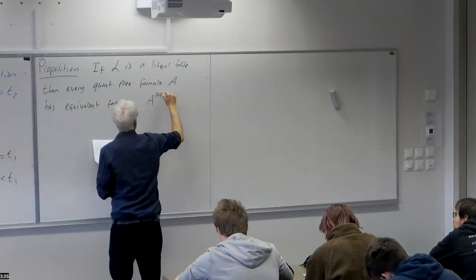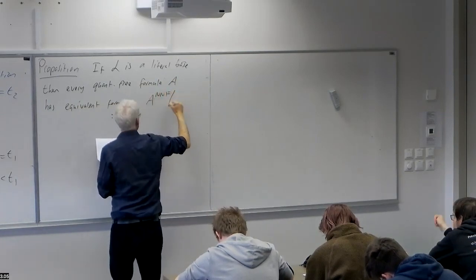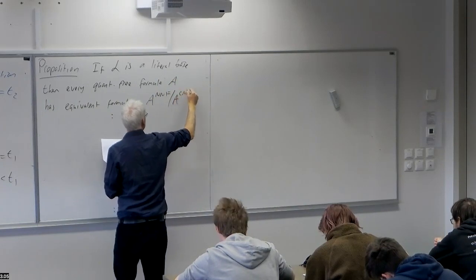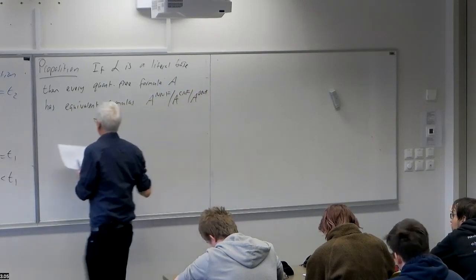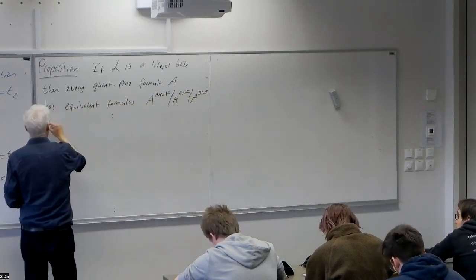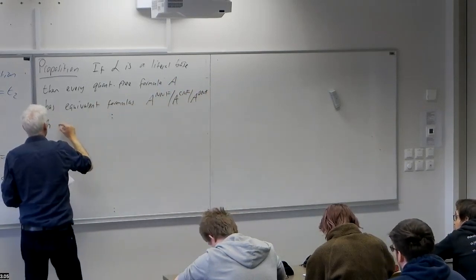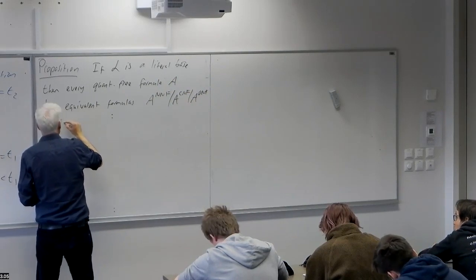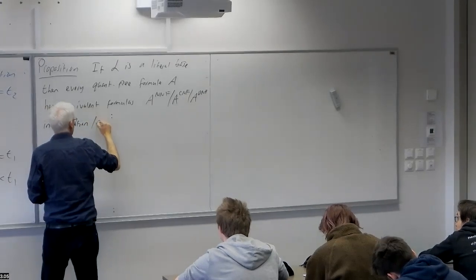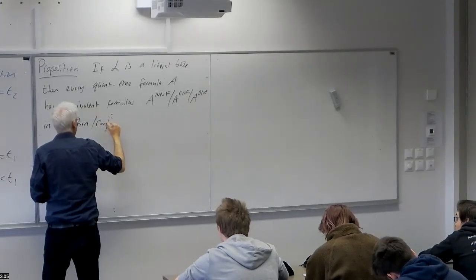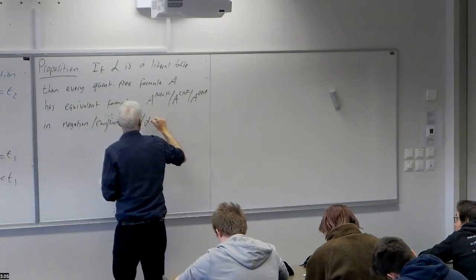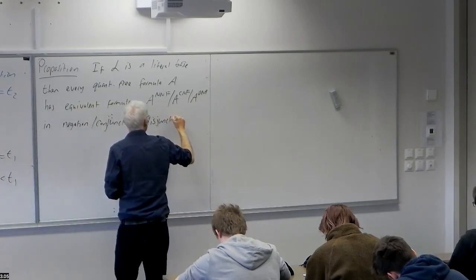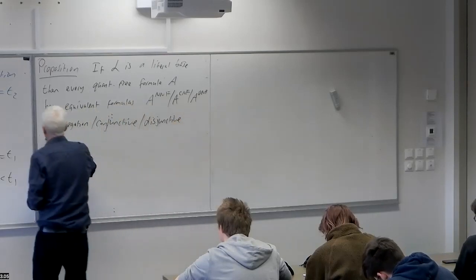So there's going to be a negation normal form version, a conjunctive normal form version, and a disjunctive normal form version. And indeed, these are going to be in negation, conjunctive or disjunctive normal form respectively.